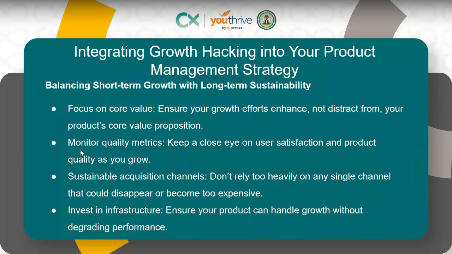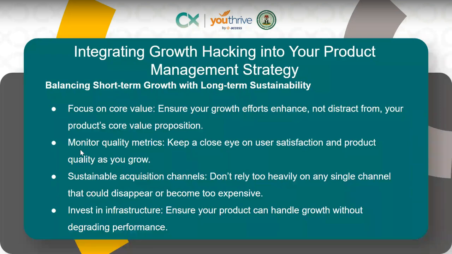So next is sustainable acquisition channels. Don't rely too heavily on any single channel that could disappear or become too expensive. It's very important as well. In fact, you should be in a way whereby if social media shuts down, or the platform gets banned or whatever, you should still know that you are getting customers across some other platform as well.